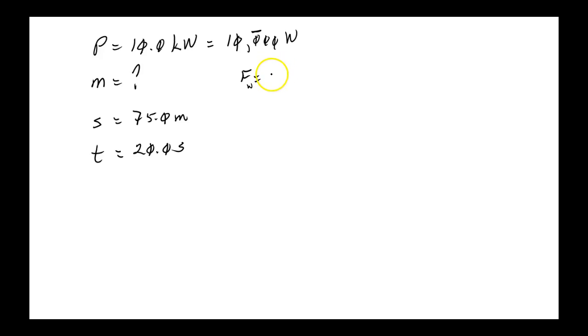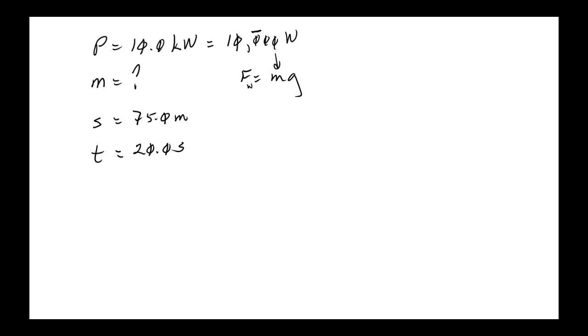Mass times acceleration due to gravity, mg. That's going to be our force, and that's where the mass will come into play. So what we might have to do is figure out, let's solve this for mass, and that means you would do what? We'll figure that out later.